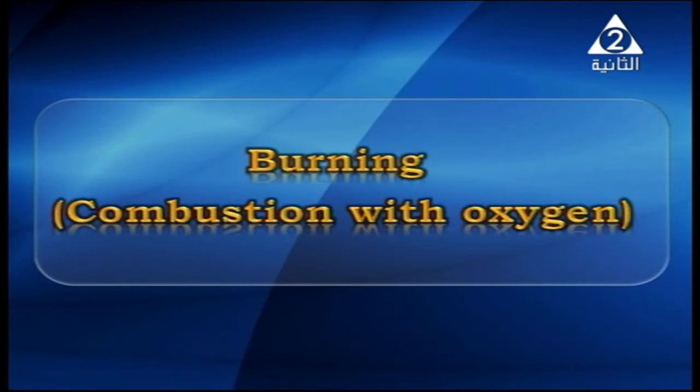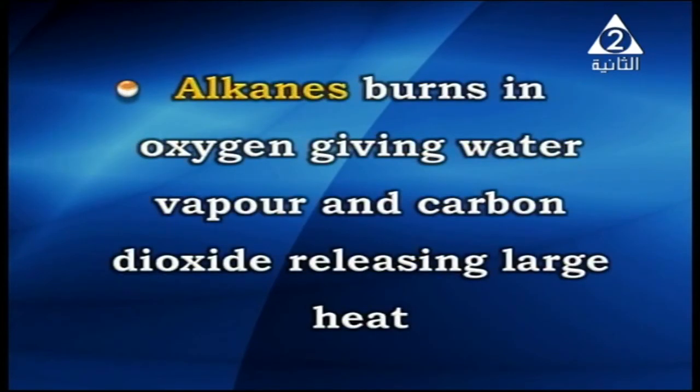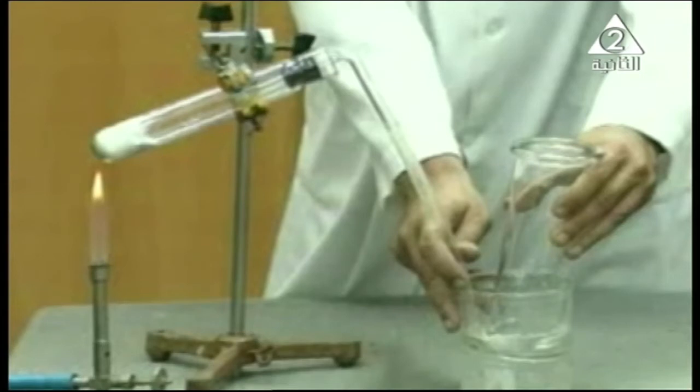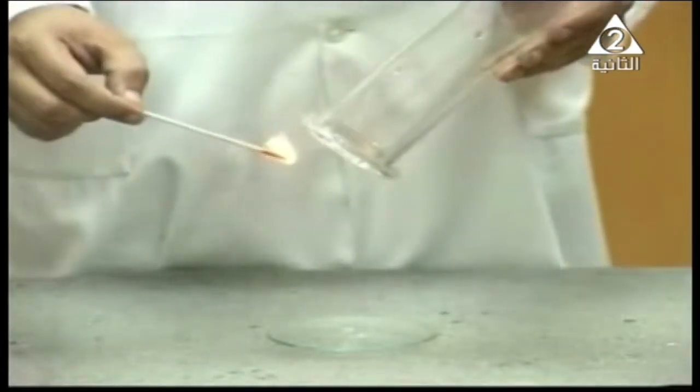Now we are going to discuss burning, which is combustion with oxygen. Alkanes burn in oxygen, giving water vapor and carbon dioxide, releasing a large amount of heat. Here, the collected methane gas on burning gives carbon dioxide and water vapor, as shown on the screen.